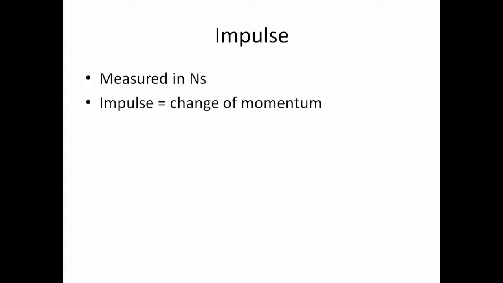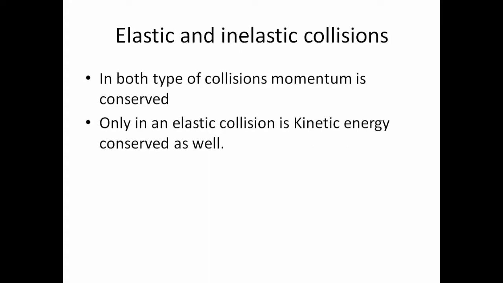That would mean that the change of momentum would be 2 units, and it would then come back at you. Basically, it means that it's had an impulse of 2 Newton seconds. Yeah, I sound confident, don't I?